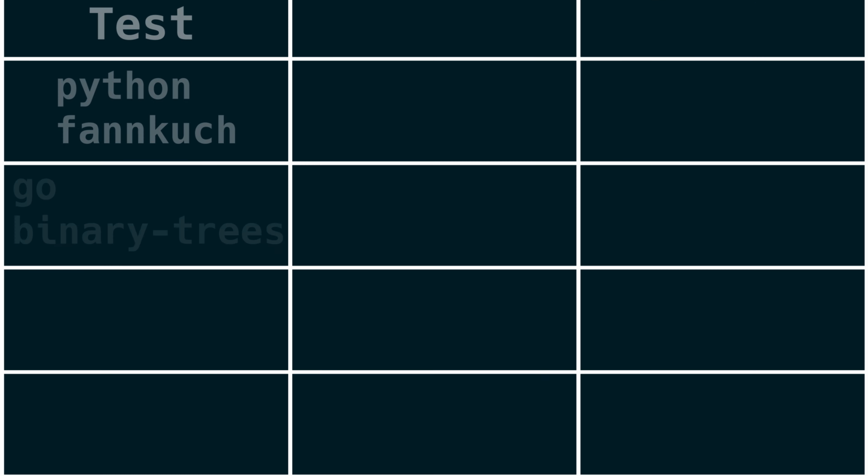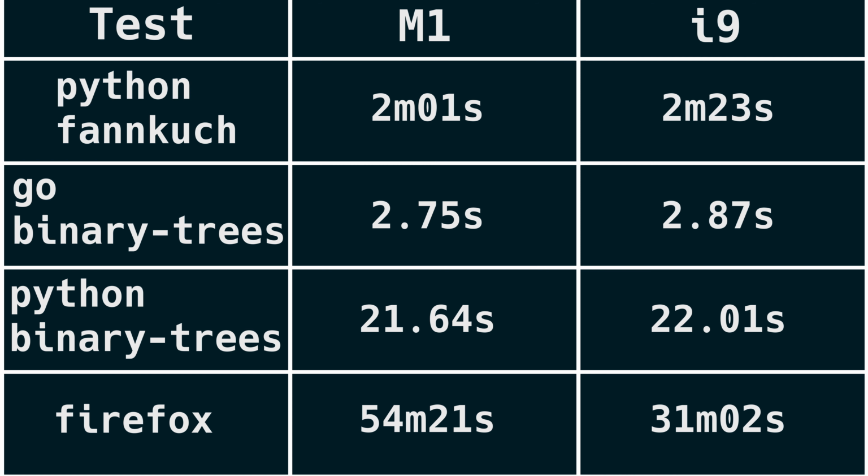So the other thing that I did, other than just building some projects where I built Firefox on the i9 and the i7 and the M1 Mac, I also went to the Computer Language Benchmarks Game, which is a fun little thing where they try to benchmark languages against each other, and they build algorithms to see which language handles what type of algorithm better. But instead of using this to benchmark the languages against each other, I actually used it to benchmark computers against each other. So I picked several fun algorithms from there, and I ran Python, I ran Rust, and I ran Go.